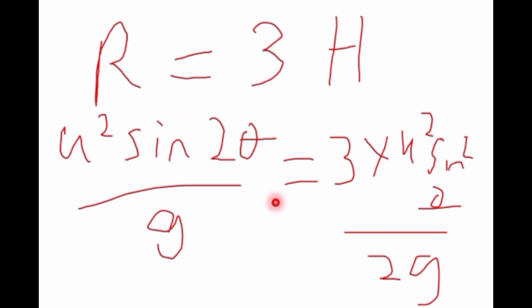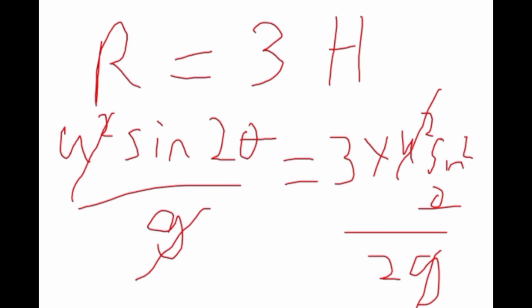If we take this and this, you can cross multiply to clear the fraction. This times this is equal to this times this. Or you can use this easy and short method. Just learn it from me today. Since this side is equal to this, g will cancel g, u squared will cancel u squared.